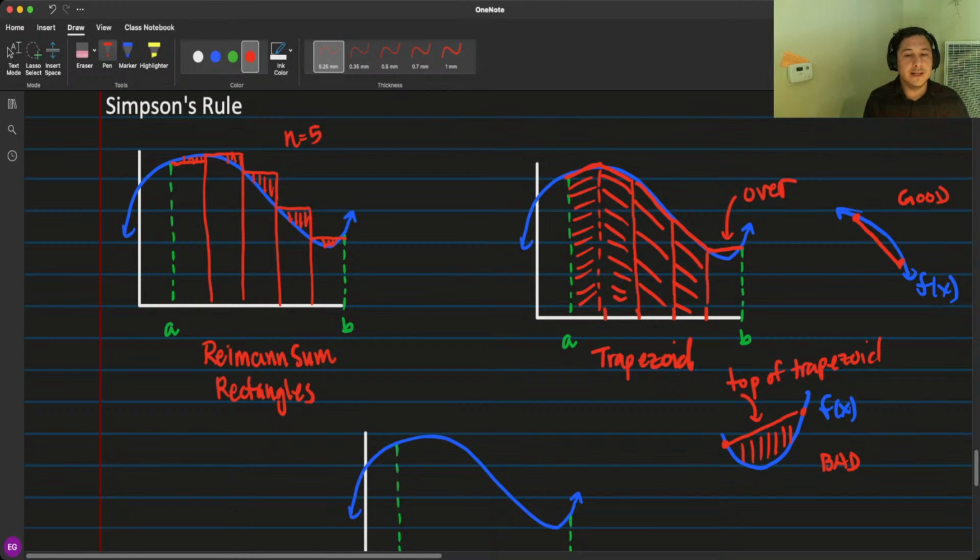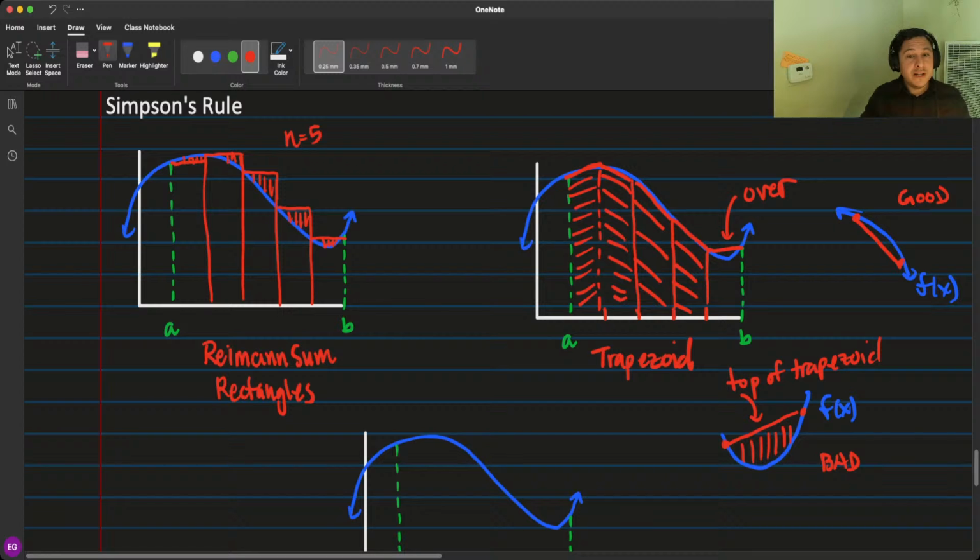It's good when the function is just going down or just going up because it can follow it. When does it not end up working? What is the function doing so that the trapezoid provides some sort of over or underestimate? Right, it goes up and it goes down. It's not just monotonically increasing or decreasing.